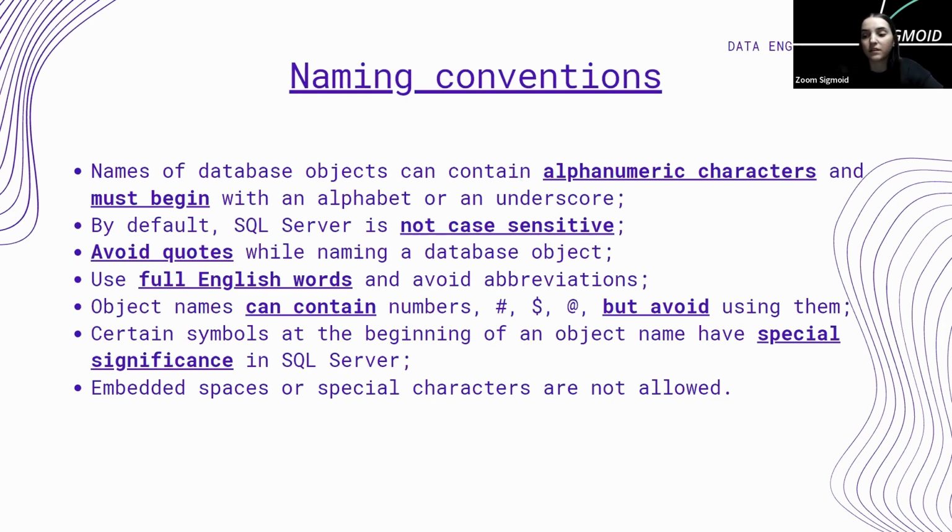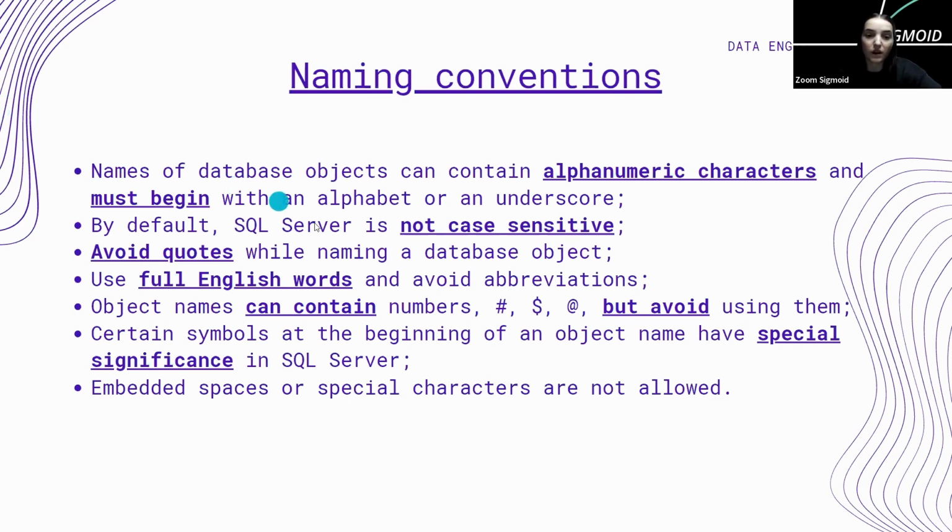Case sensitivity is determined by the settings of the database in which the object is created. In contrast, the Oracle database is case sensitive. So you can write uppercase or lowercase, it will be the same.